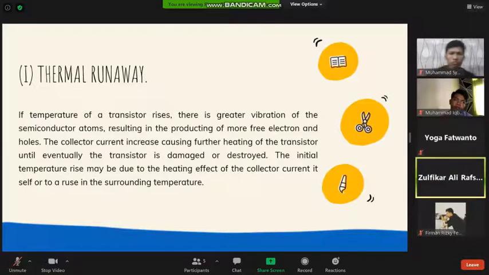The collector current increases, causing further heating of the transistor until eventually the transistor is damaged or destroyed. The initial temperature rise may be due to the heating effect of the collector current itself, or to a rise in the surrounding temperature.